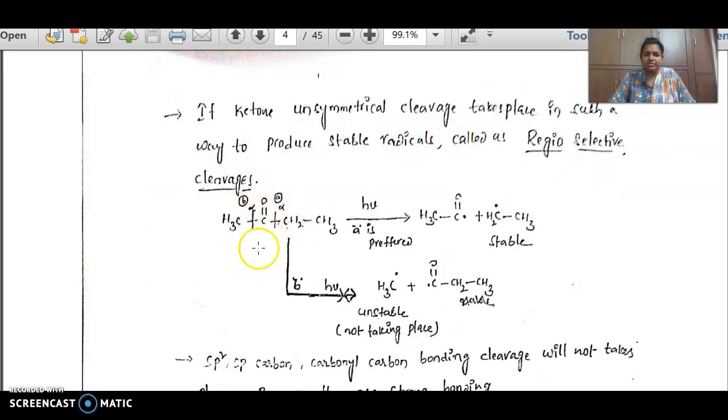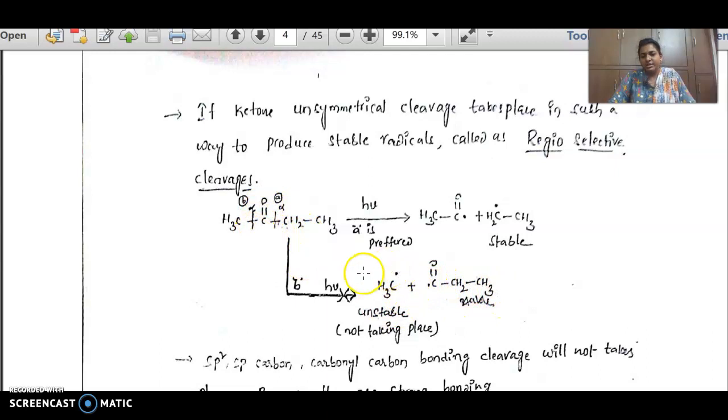Example, here this is C double bond O. One side methyl is there, one side ethyl is there. This is one alpha bond, this is another alpha bond. If bond breakage occurs here, we'll get an acyl radical and an ethyl radical. If the bond is breaking here, you will get a methyl radical and a propanone radical, CH3CH2C double bond O radical.